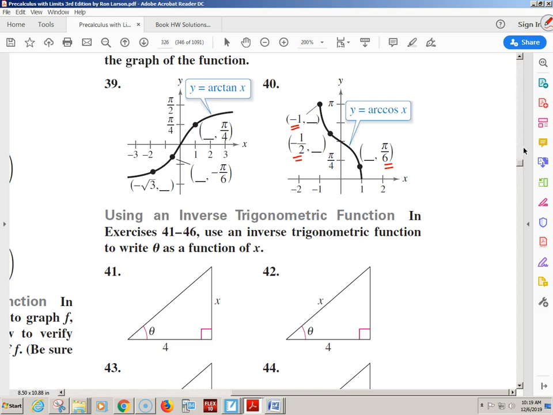So, pi over 6. What is cosine at pi over 6? 1, 2, 3, 3, 2, 1. Square root of 3 over 2. I'm doing the cheater chart. You could also do the unit circle, if you're a unit circle type person.